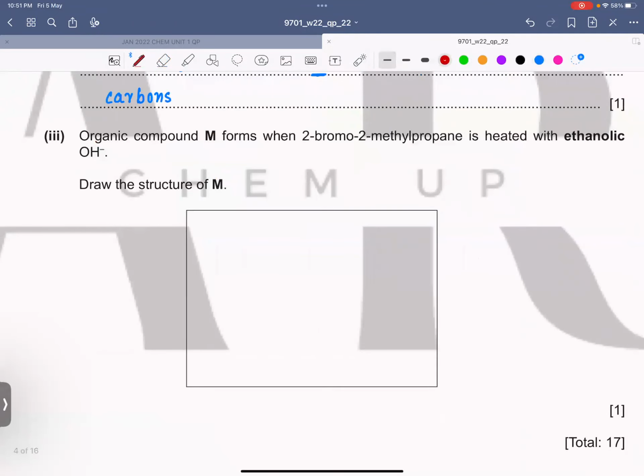Now next part: organic compound M forms when 2-bromo-2-methyl propane is heated with ethanolic hydroxide. Draw the structure of M. If you recall, when we heat with ethanolic hydroxide, elimination would occur. With aqueous sodium hydroxide or aqueous hydroxide, nucleophilic substitution occurs.